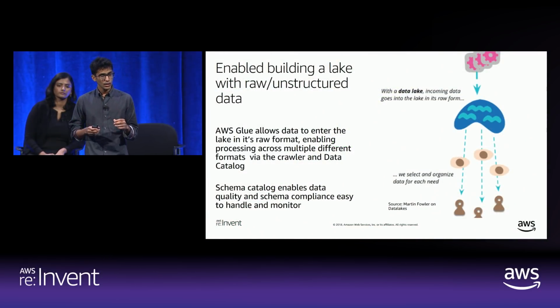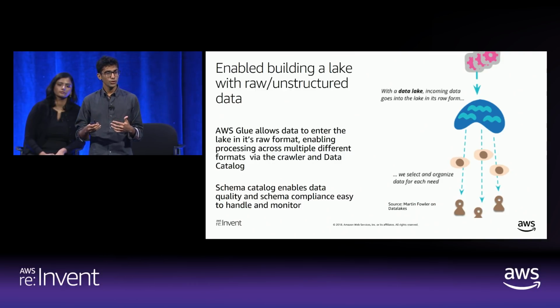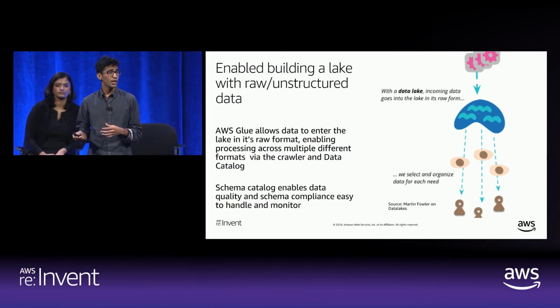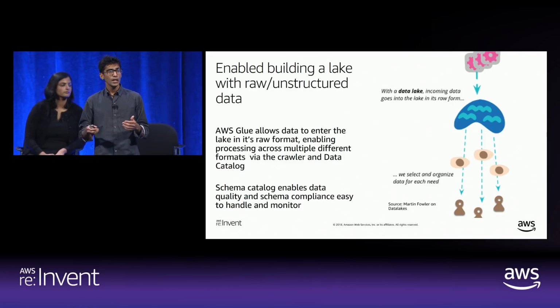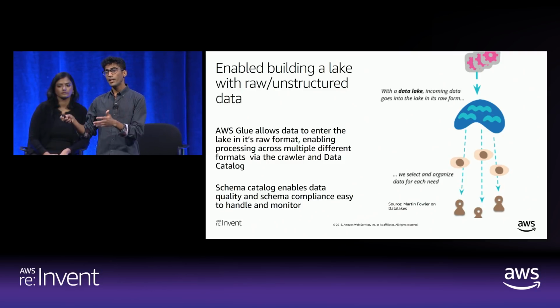Taking a step back, the key element of data lakes that is very powerful is that it enables you to keep track of both raw and unstructured data as well as structured data. In the past, in more traditional use cases where you just had a data warehousing approach, the schema of the data was very closely coupled with the actual usage of the data. So you had to think upfront about what all the different data patterns would be, and then choose a data warehousing solution that would suffice for all of these different data needs.